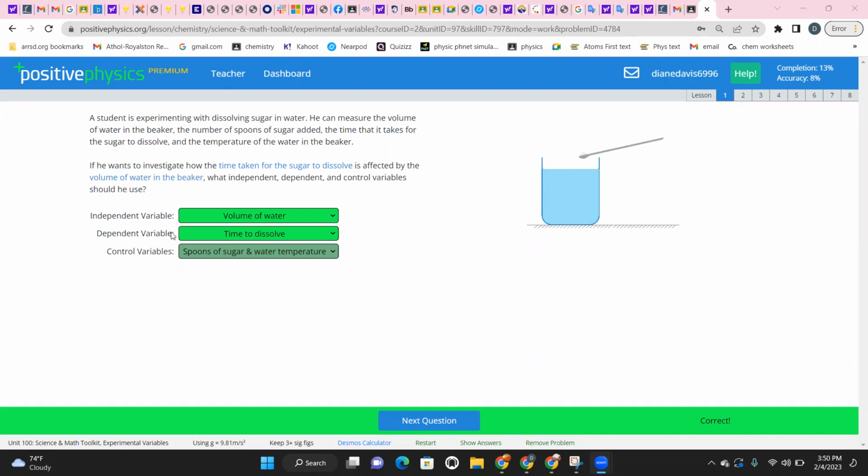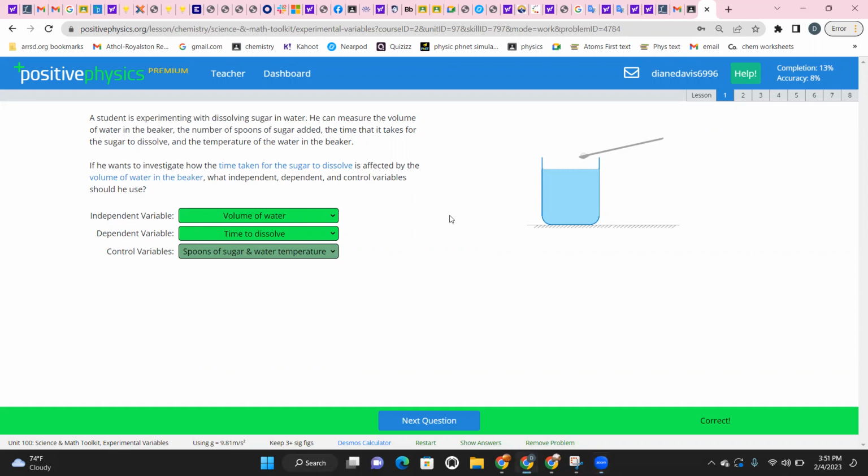So the dependent variable depends on the volume of the water. So the volume of the water is the independent variable, the thing you're changing. And the dependent variable, you're saying, how does that depend on your independent variable?